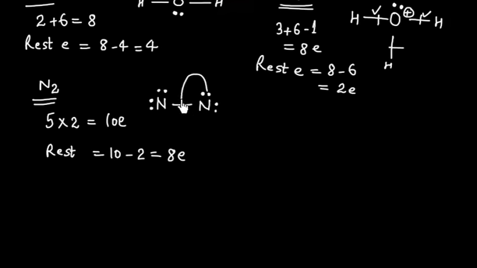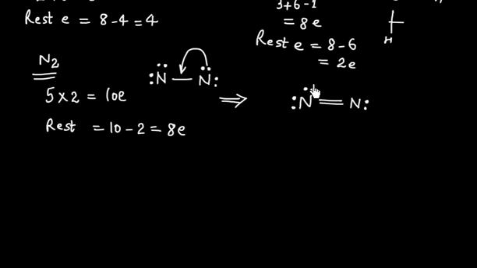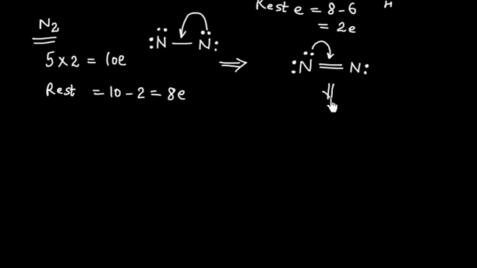What we can do is we can make one lone pair into a bond pair. So we can convert a lone pair into a bond pair. If I do this, now I will have something like this. Now if you see, this nitrogen has 2, 4, 6 electrons, but this has 8 electrons, 2, 4, 6, 8. So what we can do is we can make another lone pair a bond pair. If I do this, I will have nitrogen with a triple bond to nitrogen, and there is a lone pair on each.